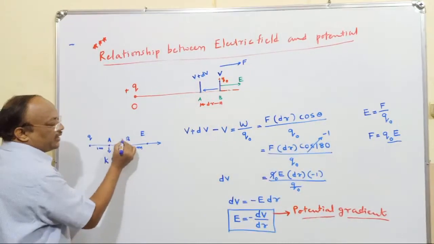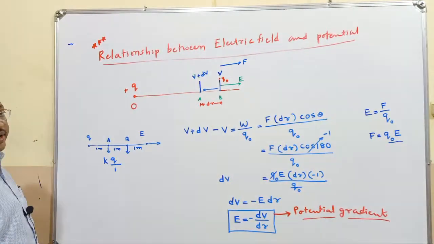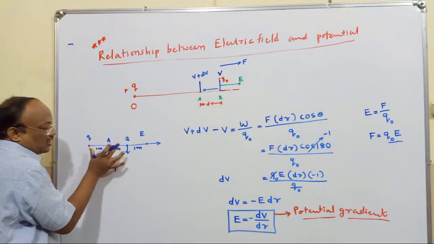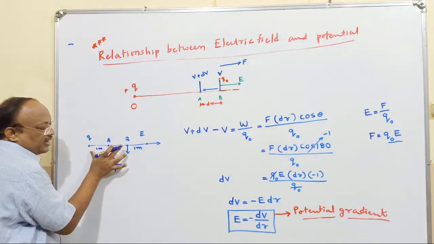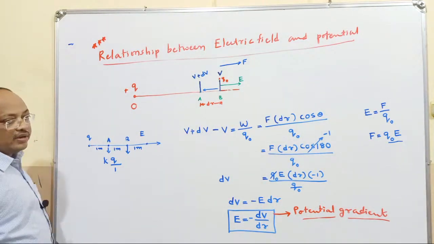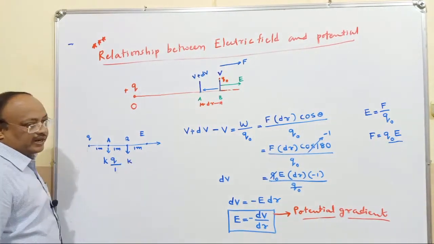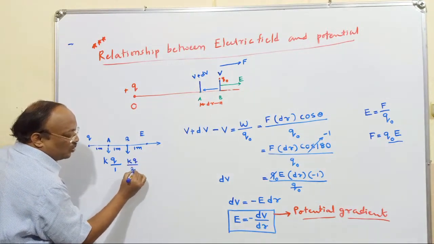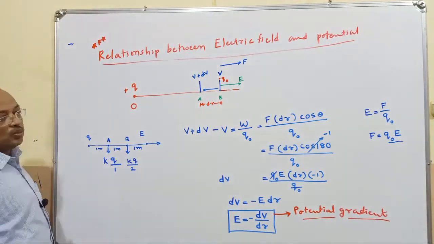At point B, what is the potential here? From the charge, this B is at a distance of 1 meter plus 1 meter, that is 2 meters. So 1 by 4 pi epsilon naught, I am writing it as K, KQ by 2, because the separation is 2.